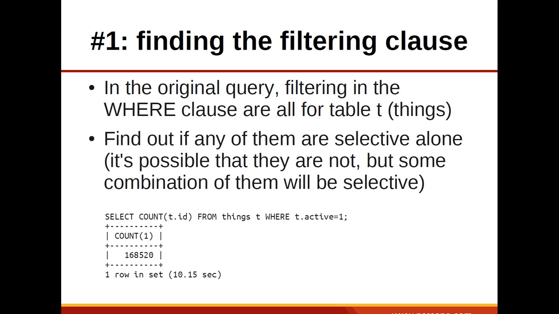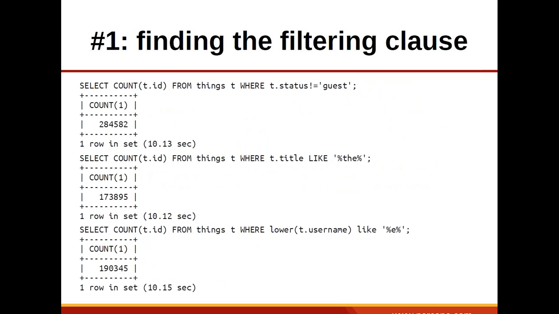So this won't be our filtering condition. Where t.type is guest, it returns 200,000 rows. Where t.title like D% returns 170,000 rows, and where lower(t.username) like %t% returns 190,000 rows.